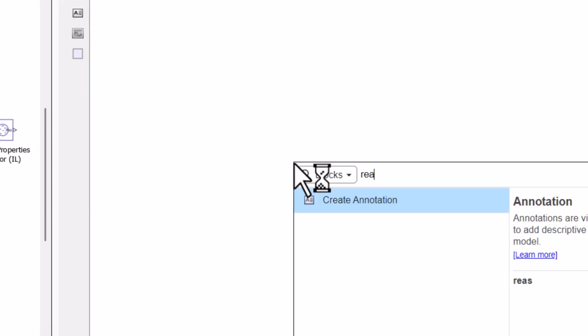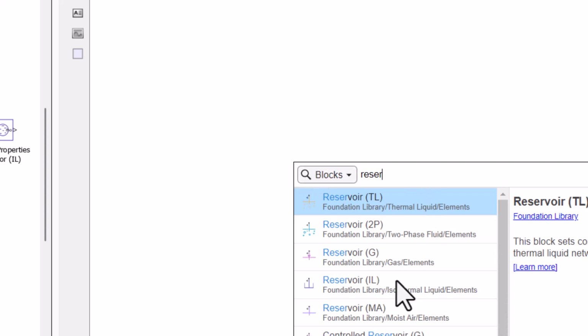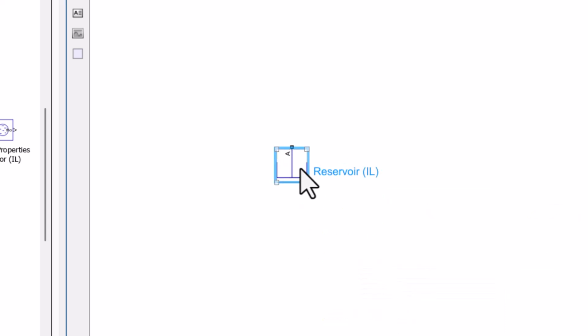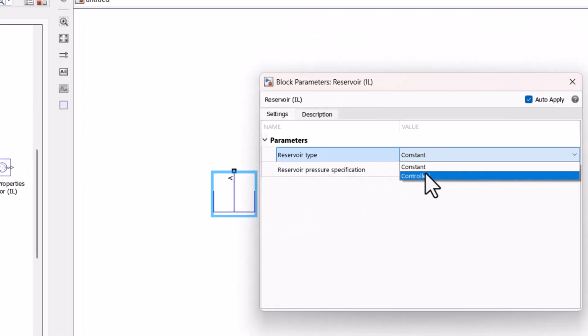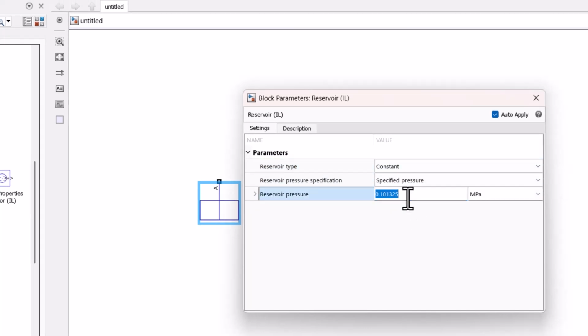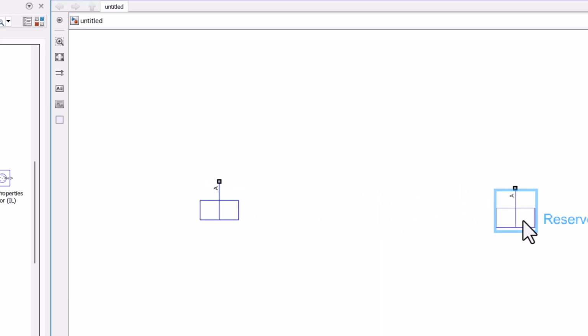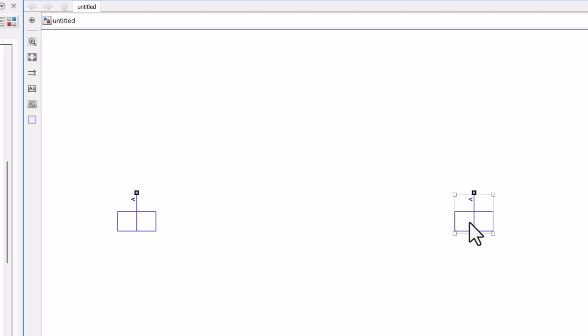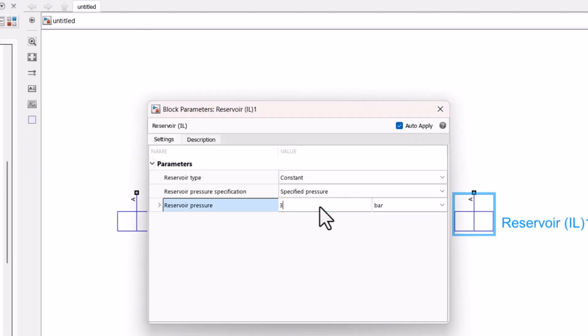I want to add an isothermal liquid reservoir, and I set it to a constant specified pressure of, let's say, 5 bars. This is my high pressure reservoir, and I'm going to make a copy of it and set it to 3 bars.